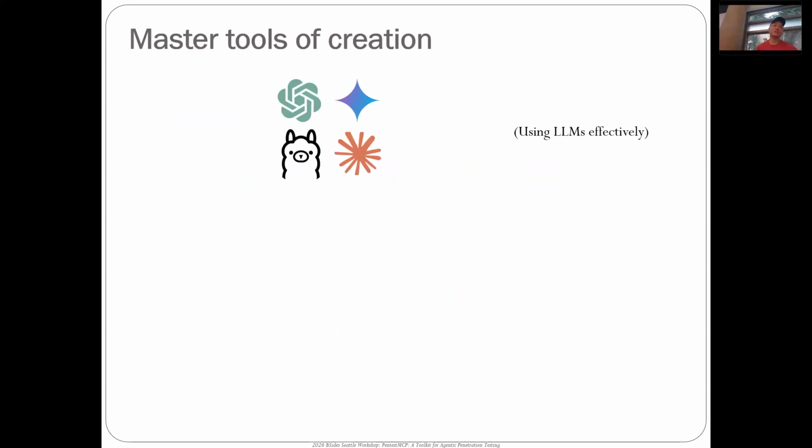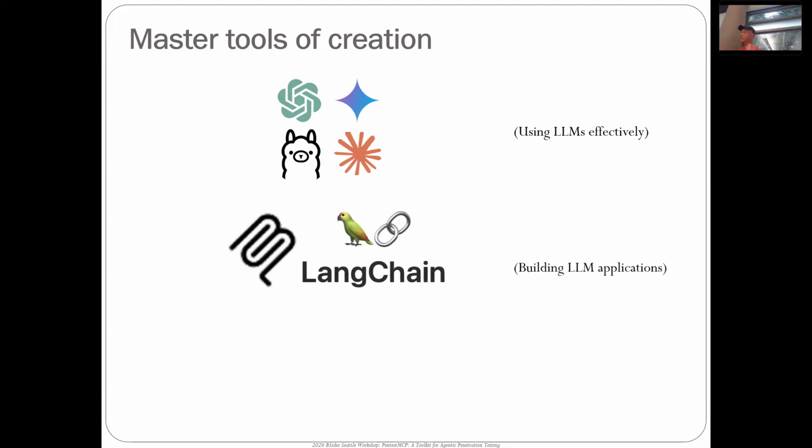So the second piece is mastering the tools of creation. This is the age of AI, so you have to know how to communicate with models effectively. This is all the prompt engineering stuff. You have to be very good at prompt engineering. You also have to be very good at specifying applications in frameworks like LangChain and MCP.